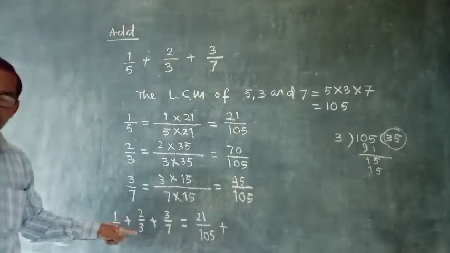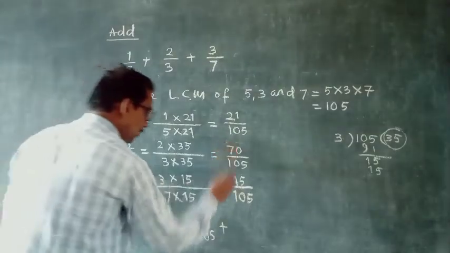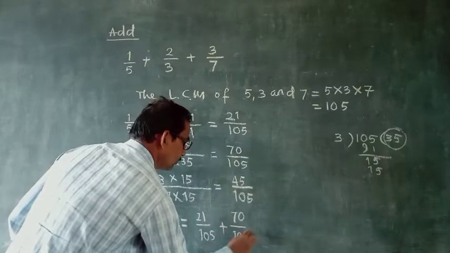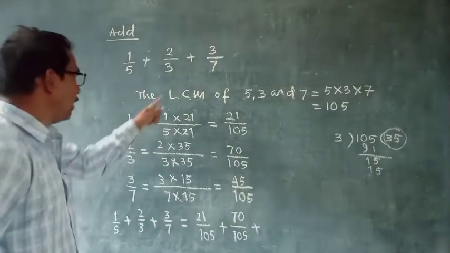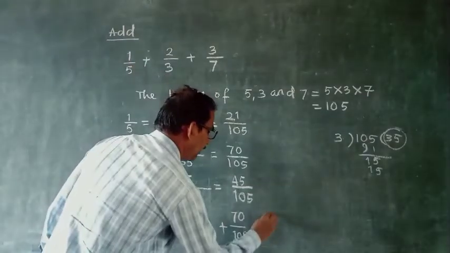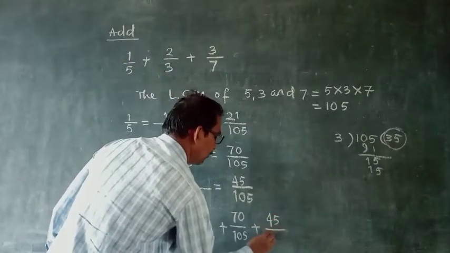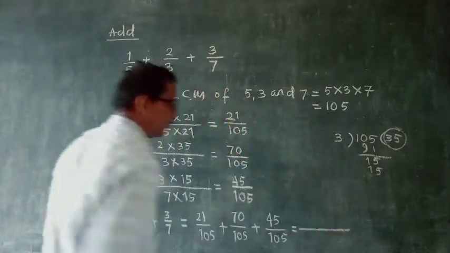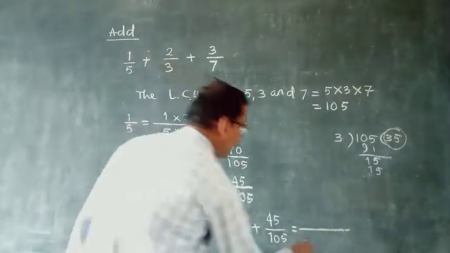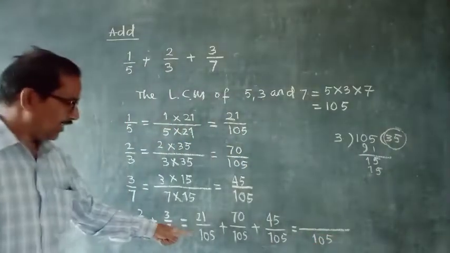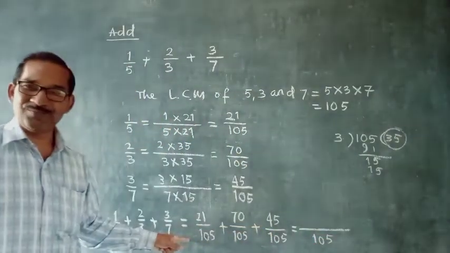For 2/3 you have to take 70 upon 105. For 3/7 you have to take 45 upon 105. Then it will be equal to the denominator with the same 105. Then you see all the denominators are the same.